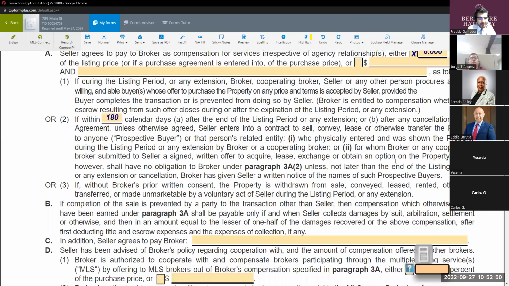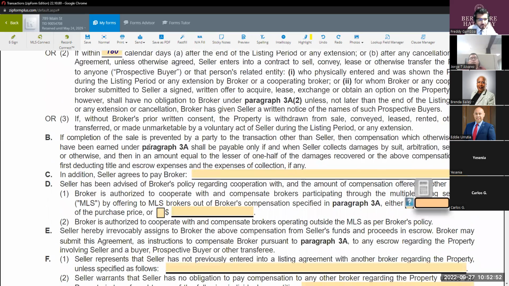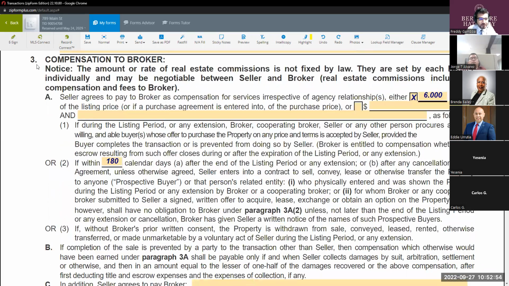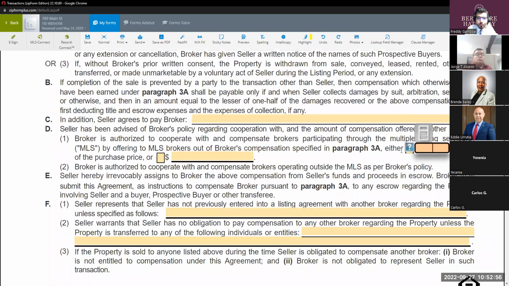But now on 3D is how much I would like to pay the cooperating broker who brings a buyer who wants to purchase my property that I have for sale. In this case, I always recommend you guys to always keep the most money for yourself and give the least to the other broker.